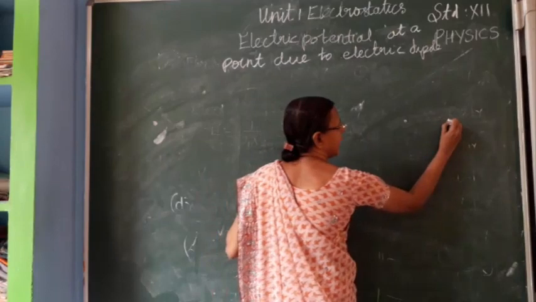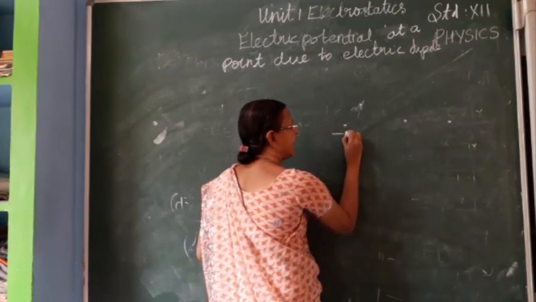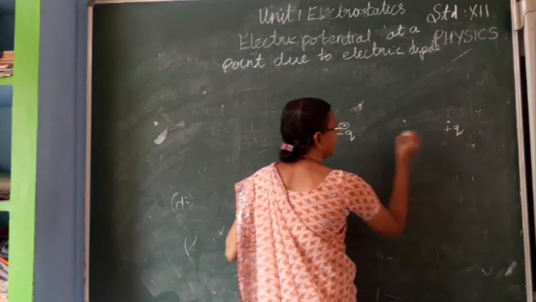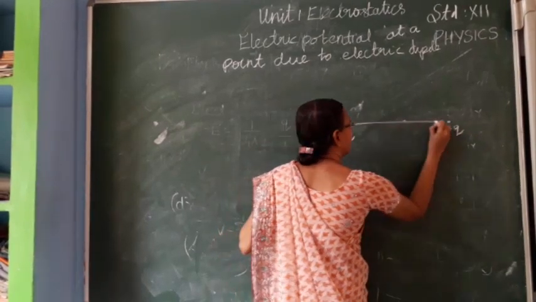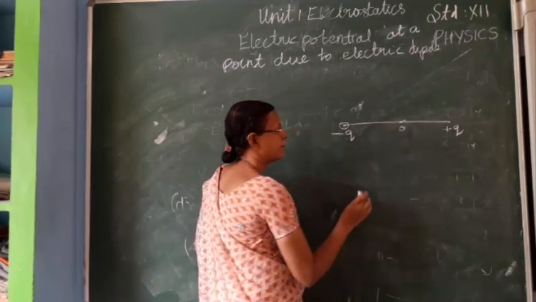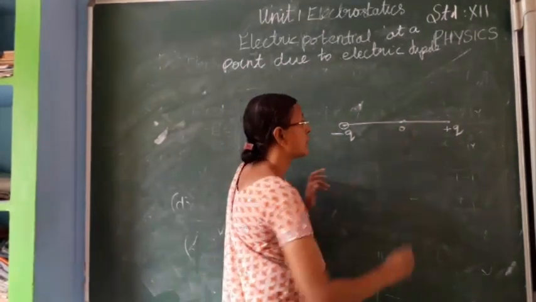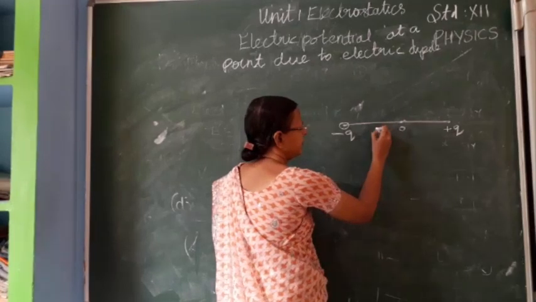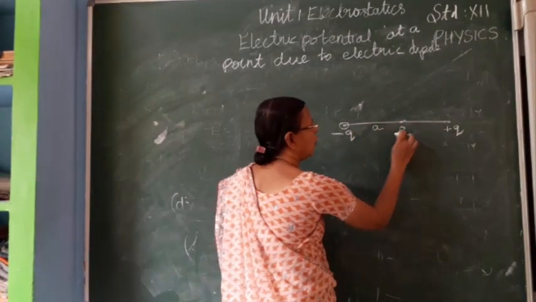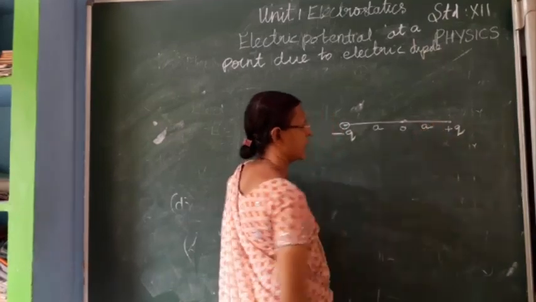So here we have taken minus q, one charge, and plus q, another charge. This is the origin O, the center midpoint of these two charges. Here the distance from O to minus q and O to plus q is a.